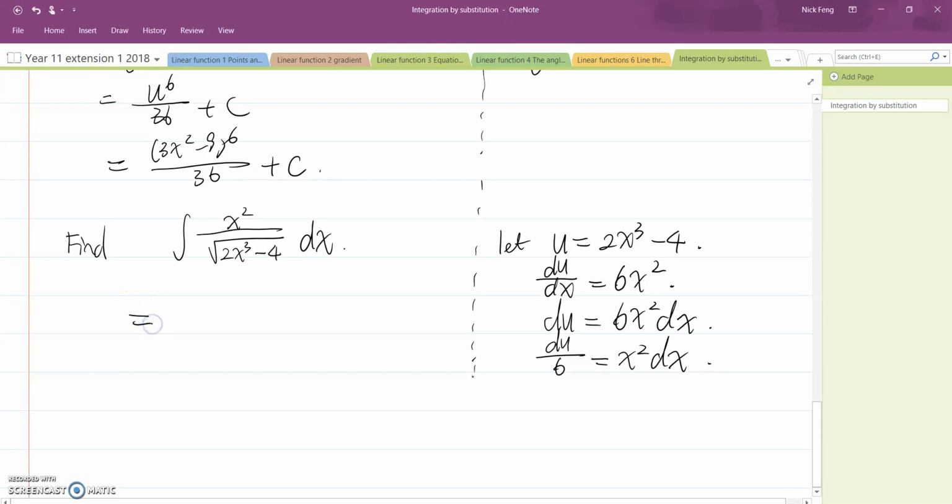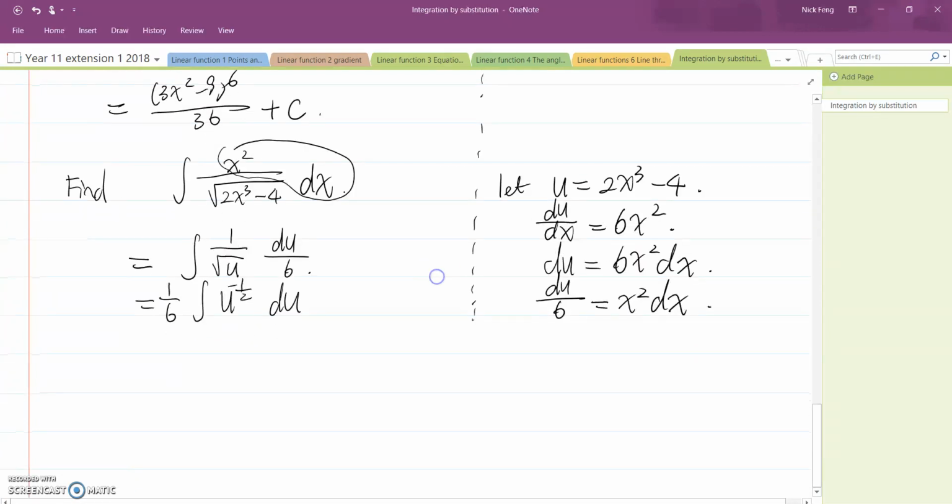So therefore, in this case, combining this again, it becomes du on 6, and whatever is inside here is u, so therefore it is 1 on the square root of u, du over 6. Then you can take out the constant 1 on 6 and rewrite this as u to the power of negative half.